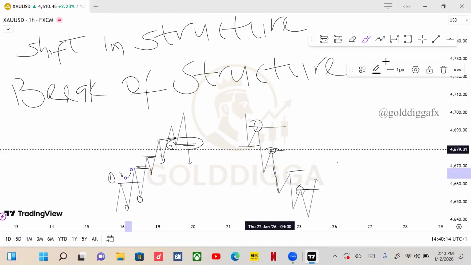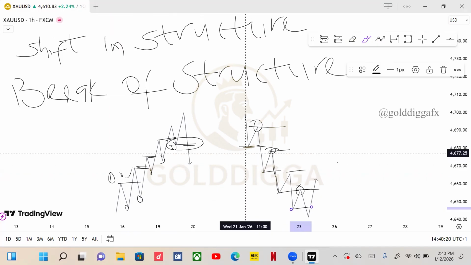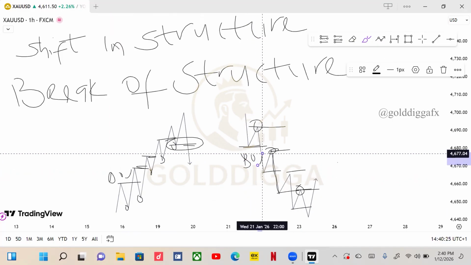Also on a downtrend, breaking the lower low to make a new low, which is with the direction, with the trend, is a break of structure. So when price gives you a break of structure, you wait for a return inside before you take your sell. You try to catch the next lower high, right?